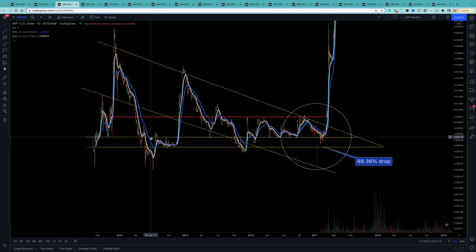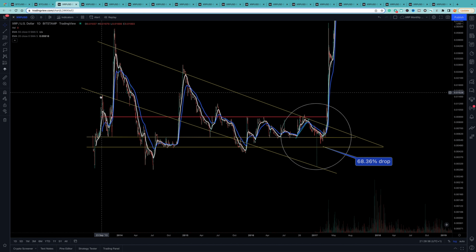See the support here, resistance here, a little bit of support, resistance, a little bit of resistance and support. So two lines, okay? And then you can also see the channel.